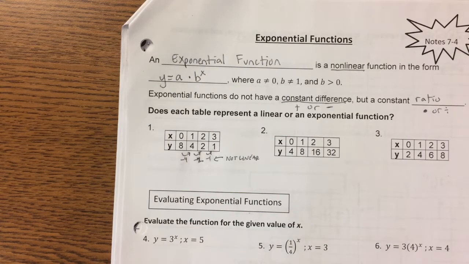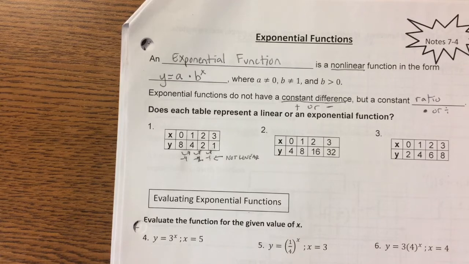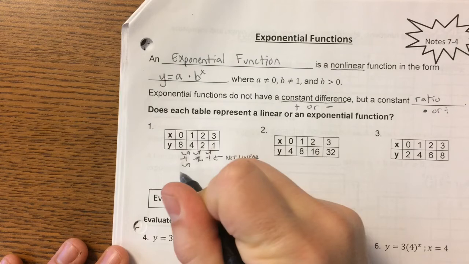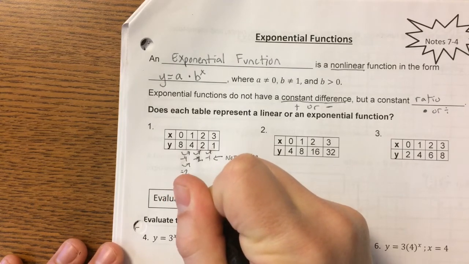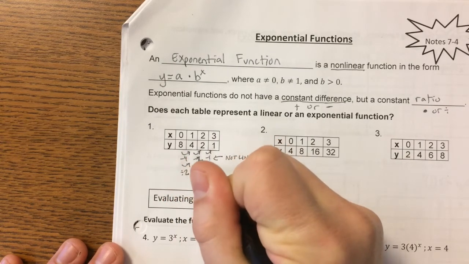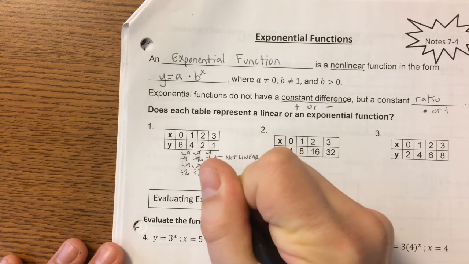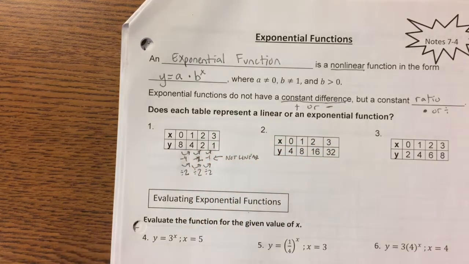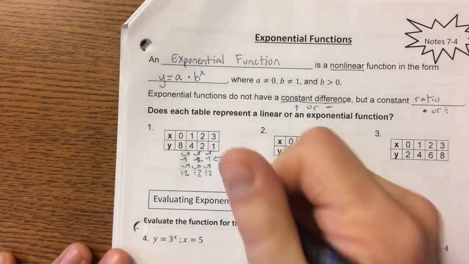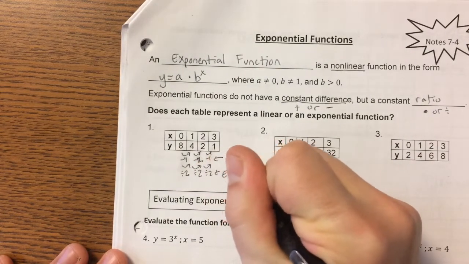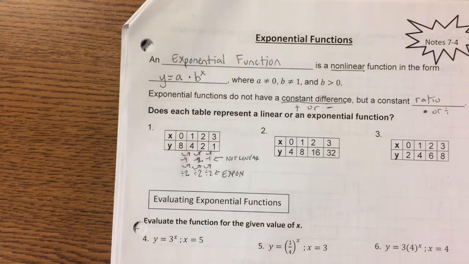What do I need to multiply by to get from 8 to 4? By a half, right? 8 times a half, or you could say 8 divided by 2. 8 divided by 2 is 4, 4 divided by 2 is 2, 2 divided by 2 is 1. So do we have a constant ratio? Are we either multiplying or dividing by the same thing? Yes. So this table is exponential, or shows an exponential relationship.